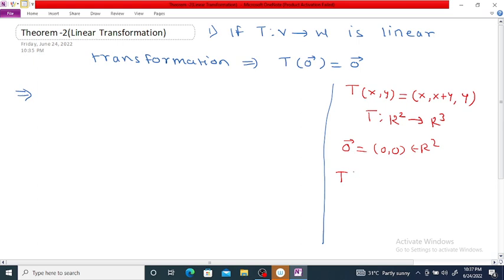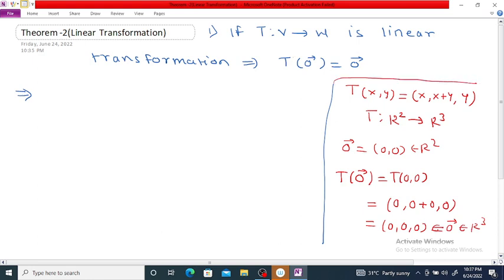Under the map T, T of 0 bar is equal to T of (0, 0), which is (0 plus 0, 0, 0), that is (0, 0, 0), and it is nothing but 0 bar in R cube. So if T is a linear transformation, then T of 0 bar is equal to 0 bar.